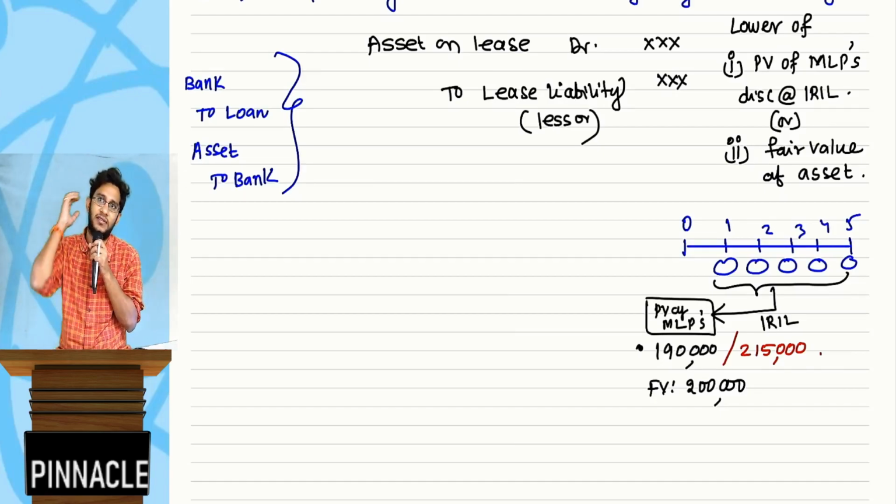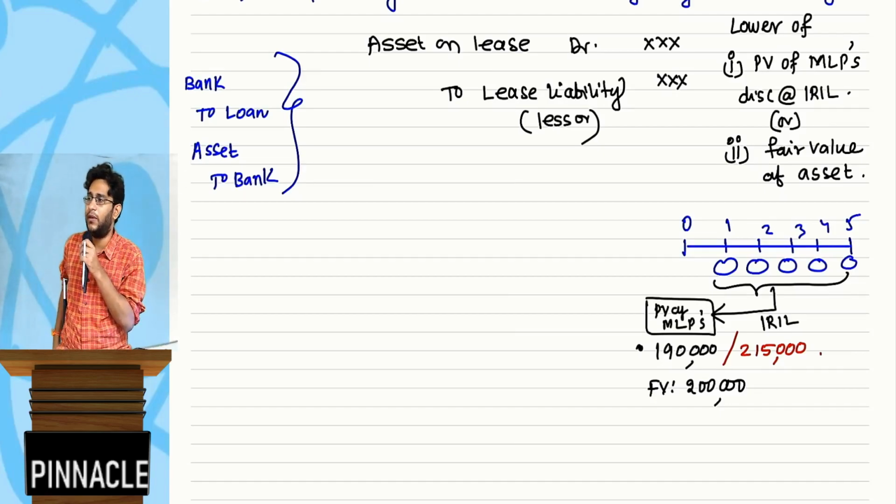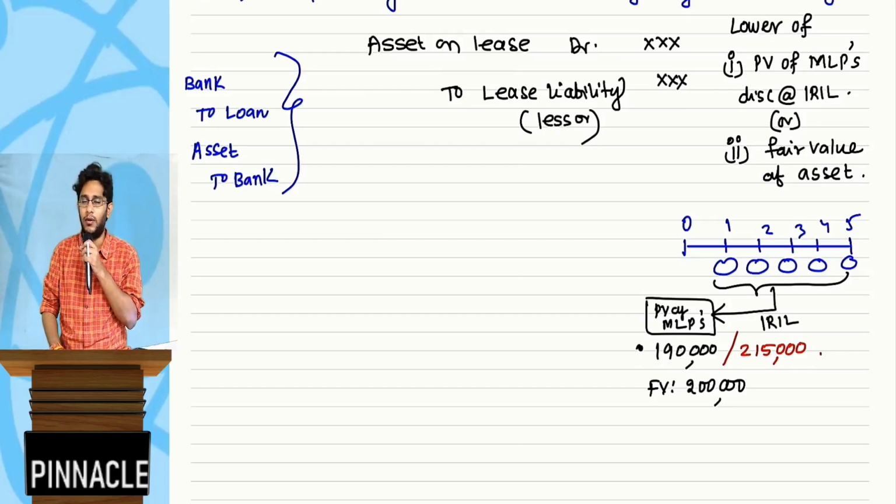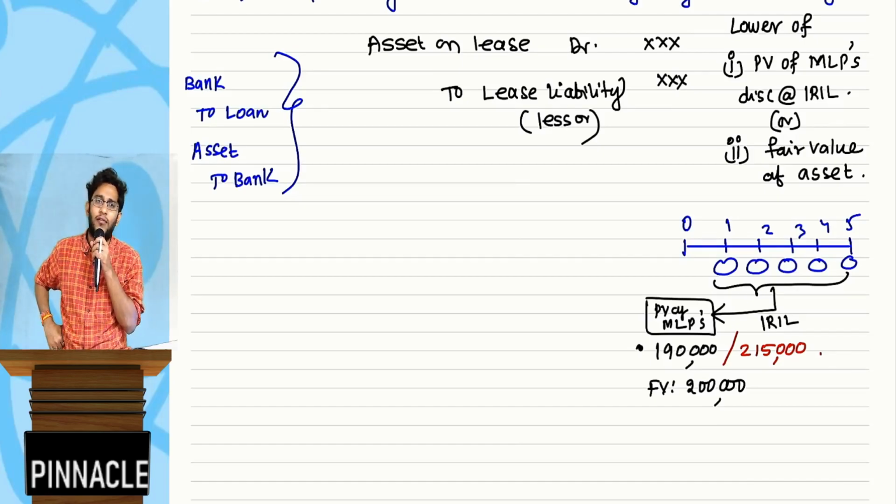What our standard feels is, in cases where the PV of MLPs is more than the fair value, if you use the PV of MLPs, suppose 2,15,000, and record this entry, the problem is that you are overstating the asset. The asset's market worth is how much? 2 lakhs say, but you are recording it at 2,15,000.